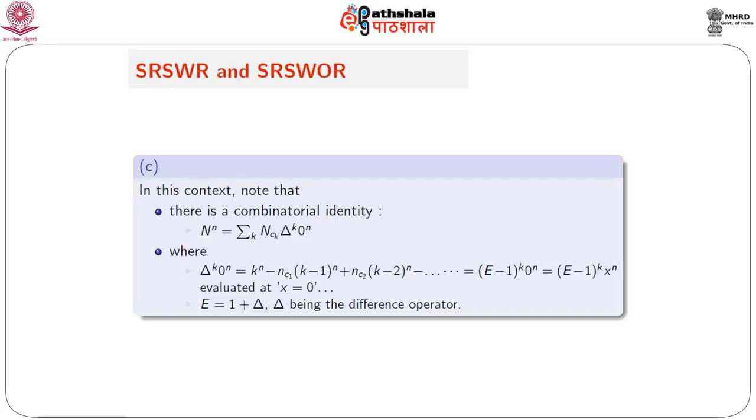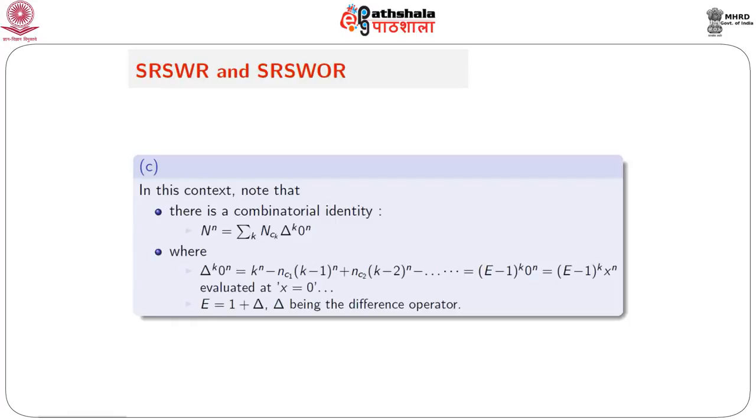That is, delta k 0 to the power n is nothing but delta k x to the power n, that is, (E minus 1) to the power k applied to x to the power n. E minus 1 is delta, the difference operator.